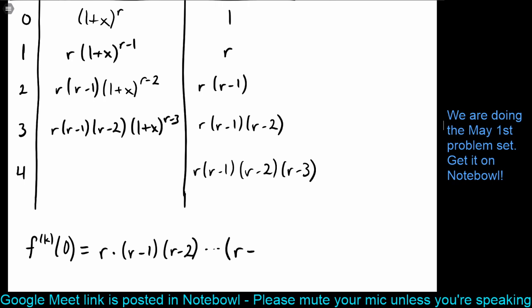R minus parentheses K minus 1? Yep. So if you do R minus K minus 1, you'll get this. Usually we'll distribute that out and just write it as R minus K plus 1. That's exactly what this is, because if you notice, this number here is always 1 less than this number right here.